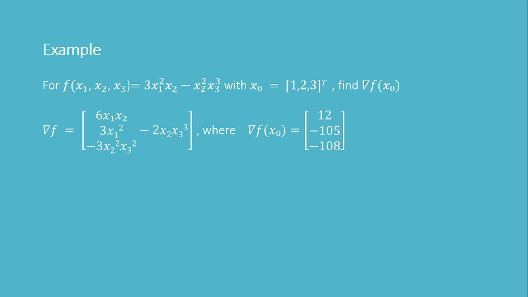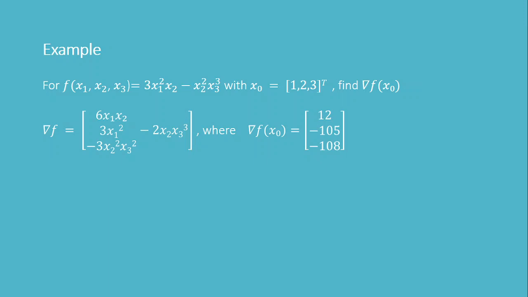So let's find the gradient vector in this example. Here f(x1, x2, x3) is given as 3x1² x2 minus x2² x3³, with x0 = (1, 2, 3), and we have to find the value of del f at x0.